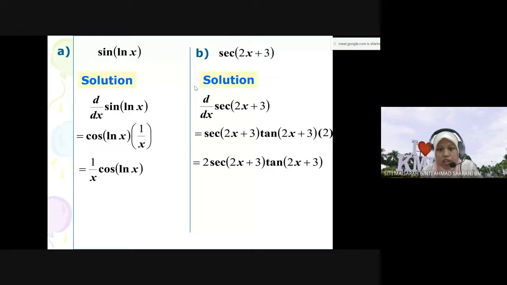So then we get 2 secant of 2x plus 3 multiply tan of 2x plus 3. The 2 there, at the very end, is differentiate u, differentiate 2x plus 3.